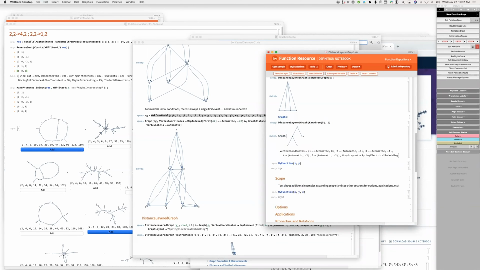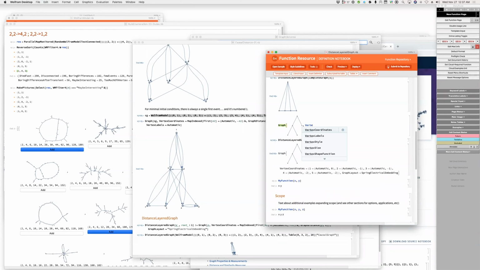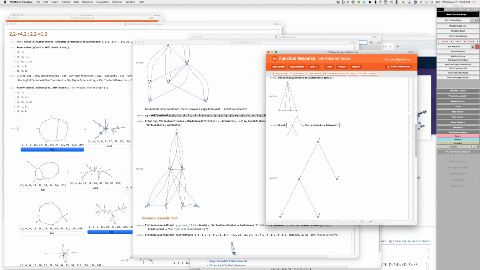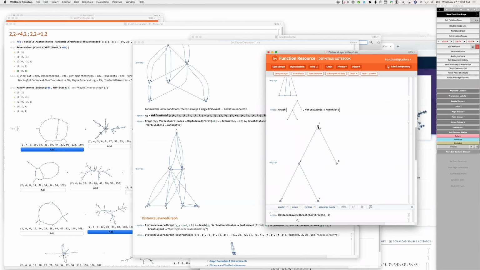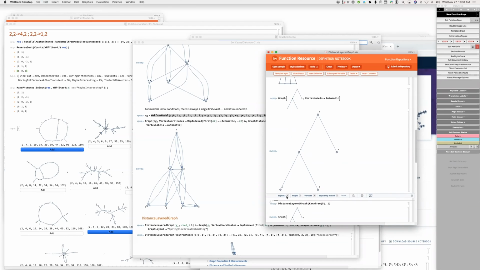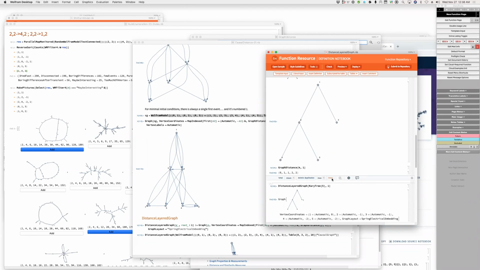Oh, presumably it does. Yes, it does. So let's take this and we say graph distance percent comma 1. Looks pretty civilized.